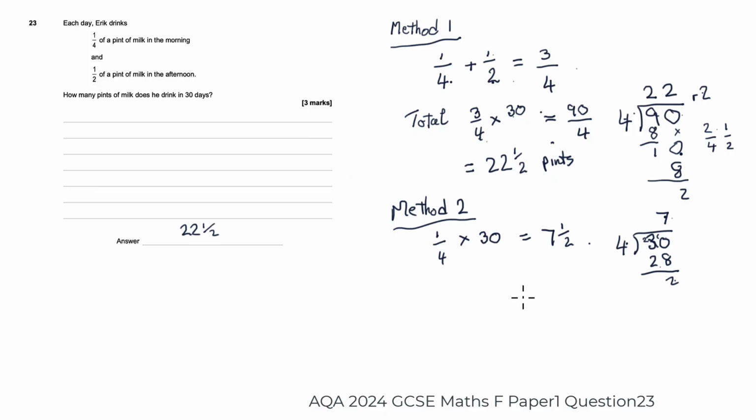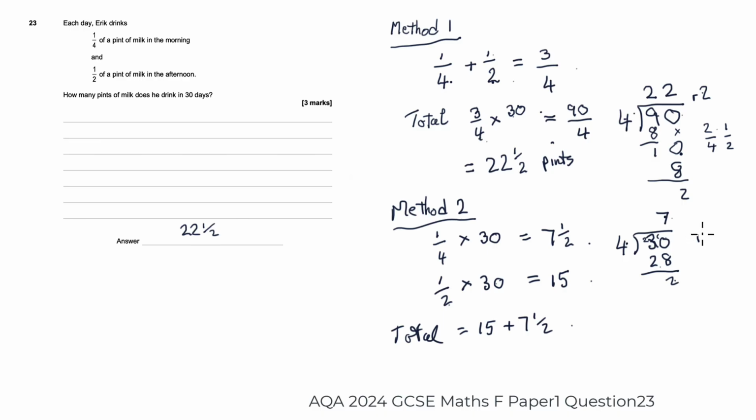But we haven't considered the milk he drinks in the afternoon. So each afternoon, 1/2 pint. And that happens over 30 days. So what's 1/2 of 30? 15. So the total in this case would be 15 plus 7.5.